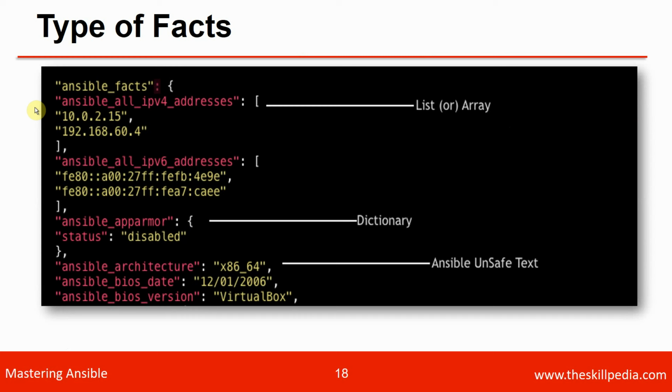So this is the same screenshot. You can see the Ansible facts. When we see square brackets, that is a list or array. When you see curly braces, that is a dictionary, and an individual element without curly braces or square brackets is called Ansible unsafe text. These are examples.